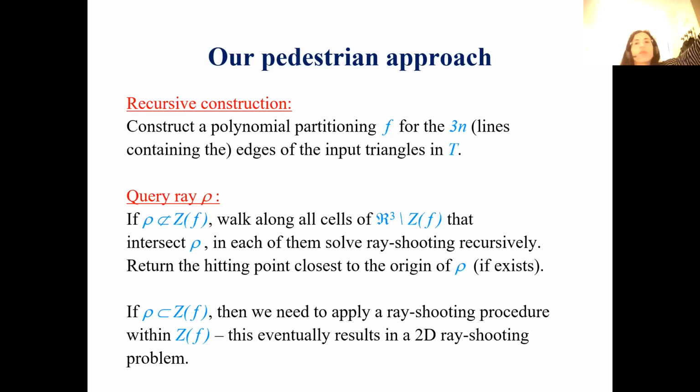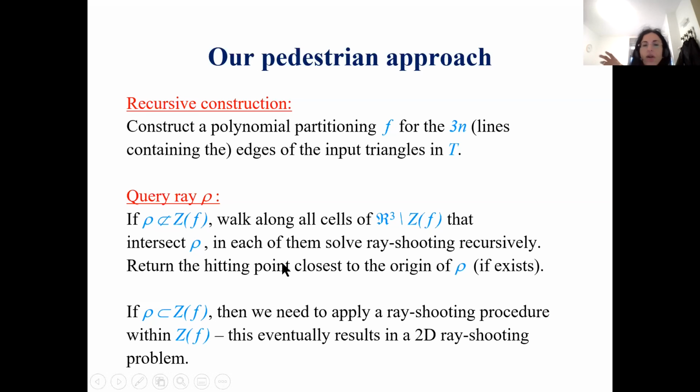Okay, now it's time to turn on the light. The query ray rho. So there are two cases. Either the query ray is not contained in the zero set, and then it means that we need to walk along the cells of the partition that meet rho. And in each of them, we need to solve the ray shooting problem recursively. I'm going to explain that in more detail shortly.